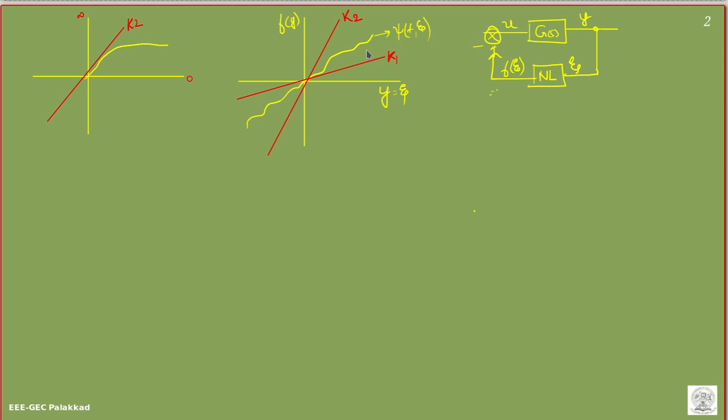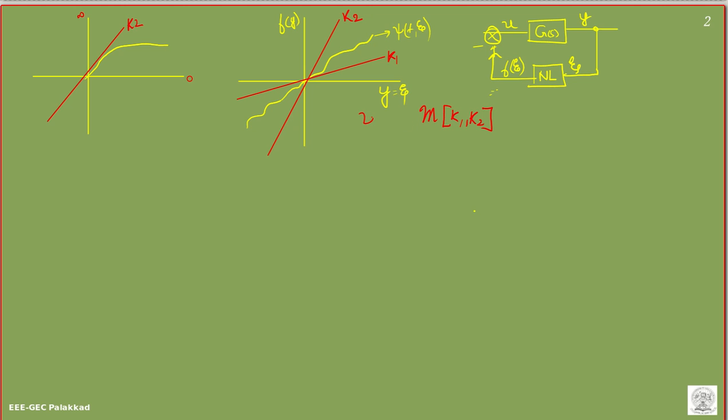So since this cannot be true, we have to see what are the conditions, or what are the plants, that can be stable if I have a nonlinearity lying between two sectors K1 and K2. When I write sectors K1 and K2, this is represented as the closed sector M[K1, K2].